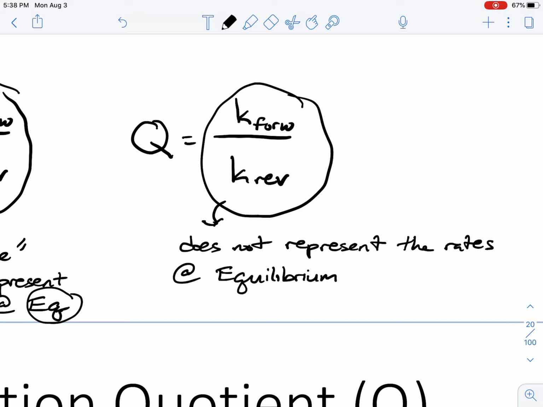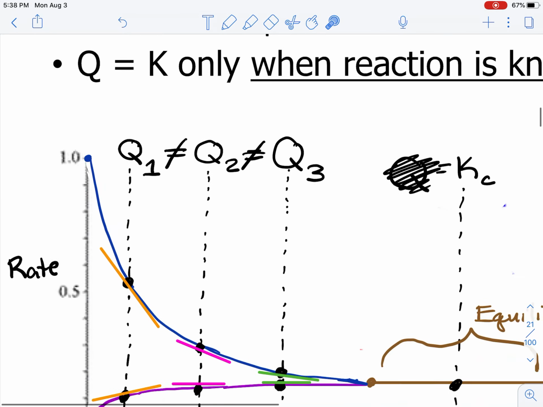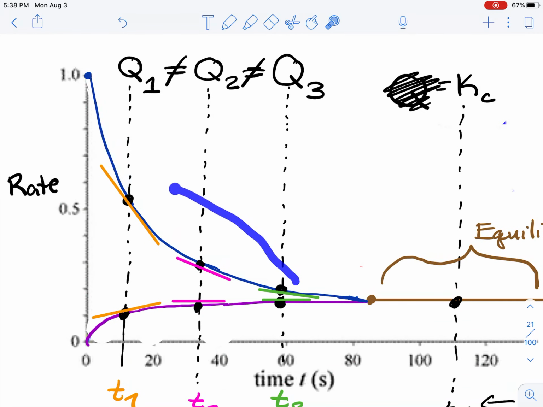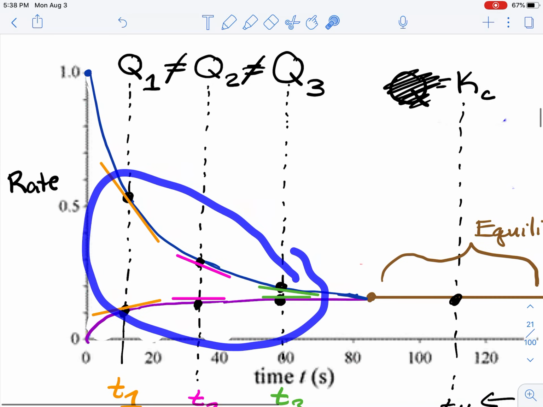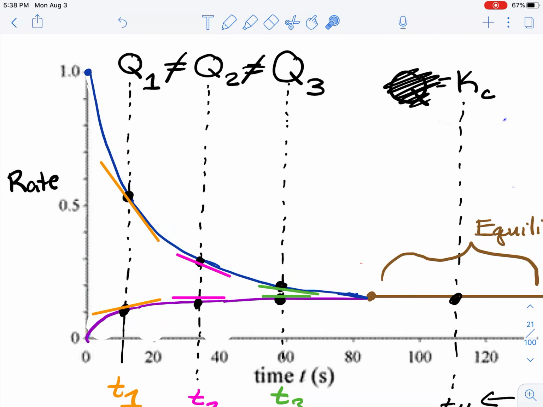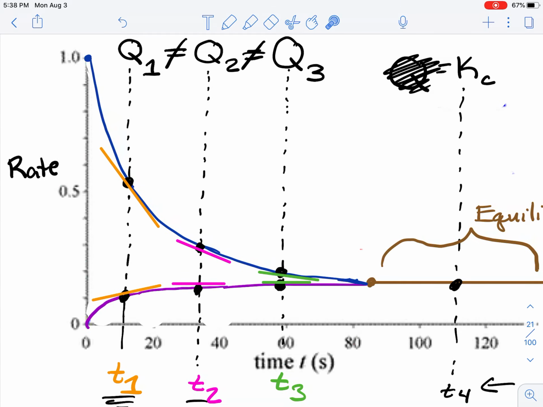So it hasn't yet converged, if you will. And so these instantaneous slopes that I've drawn here on this graph represent the instantaneous rates at specific time periods. And notice how they haven't converged just yet. They're still kind of separate.